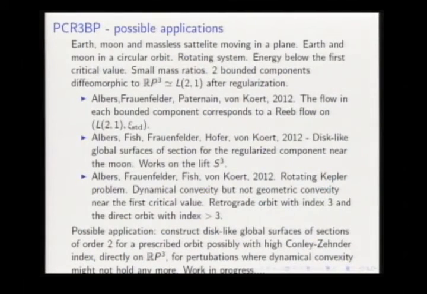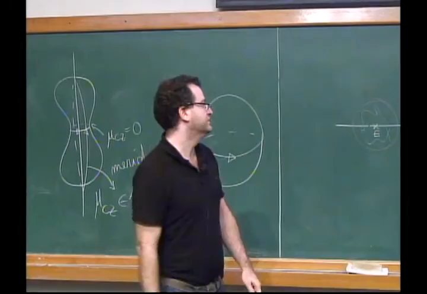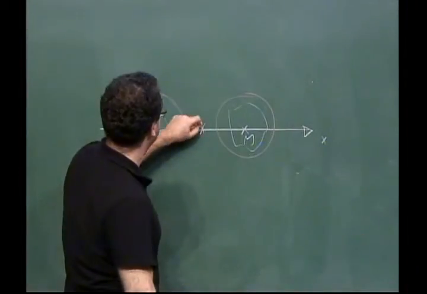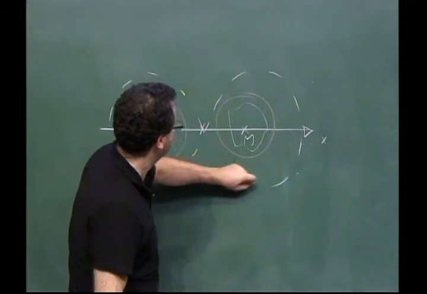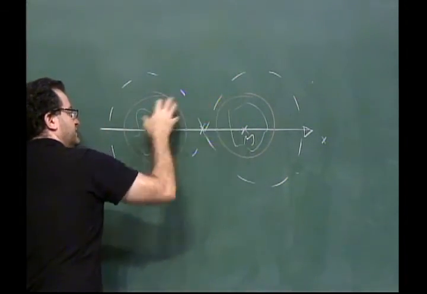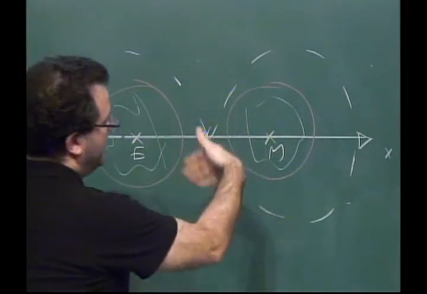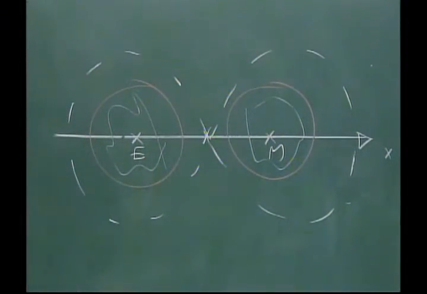The second one is that near the moon, the light body, they show that for energy levels below the first critical level, when you have these two components, the flow is dynamically convex if you take mass ratios very small. So it's a dynamically convex Reeb flow for the standard contact structure on a lens space.